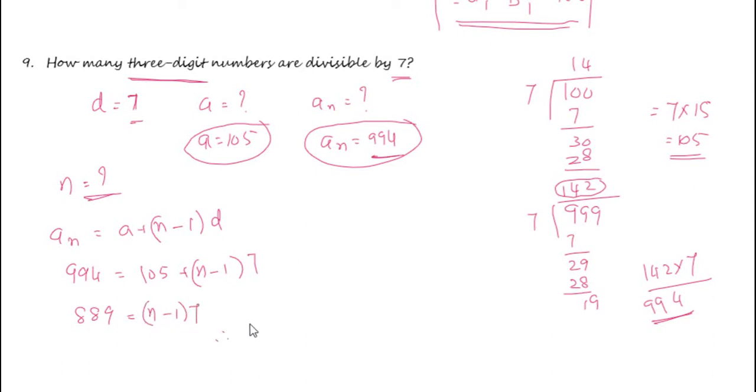Therefore n minus 1 is equal to 889 divided by 7. This is equal to 127. So n minus 1 is 127. Therefore n equal to 127 plus 1 equal to 128. There are 128 3-digit numbers divisible by 7.